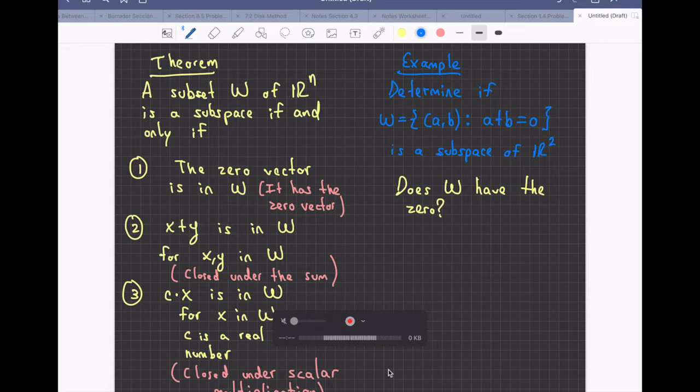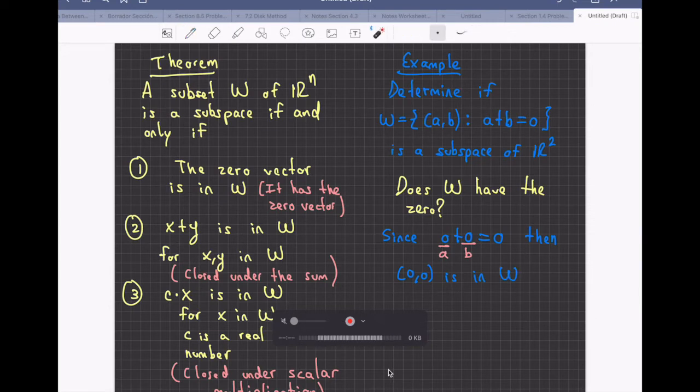Notice, if the 0 is part of W, then the sum of the two, 0 plus 0, must be equal to 0, and that is the case. So the reasoning is this: since 0 plus 0 is equal to 0, take this as A and this as B, then 0, 0 is in W. Why?